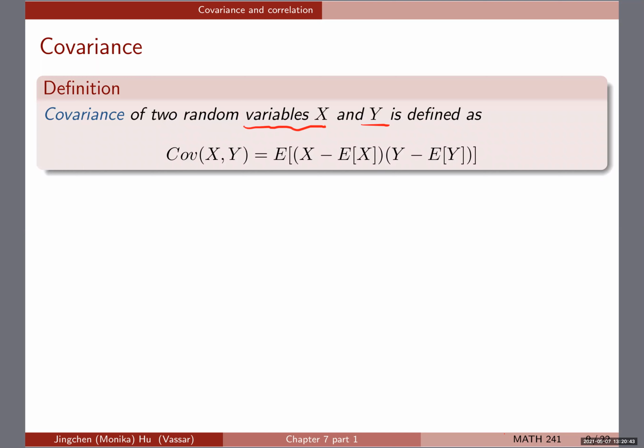The covariance is very similar to the variance in some sense, except that for variance we're only talking about one variable, while covariance is about two or multiple. To refresh our memory, the variance of X is the expectation of (X minus its expectation) squared.